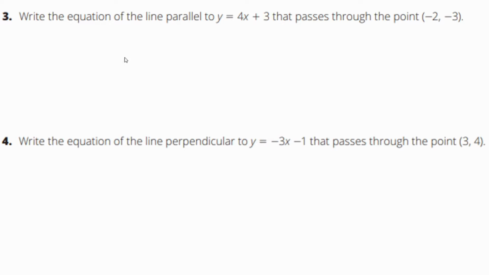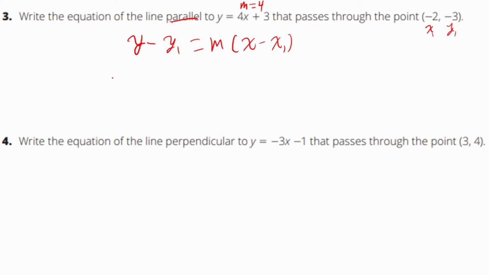And point slope form looks something like this. y minus y1 equals m, which is my slope, times x minus x1. Now, m is right here. The m of my first line, m equals 4. And parallel means we want the same slope. So we're going to use m equals 4 here too. And then this is my x1, and this is my y1.